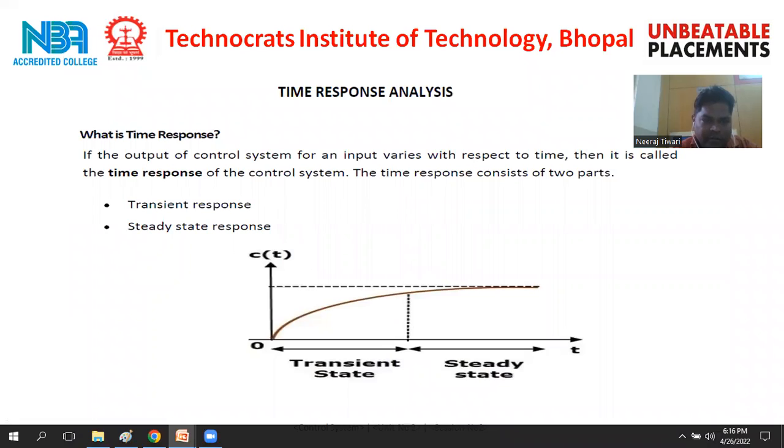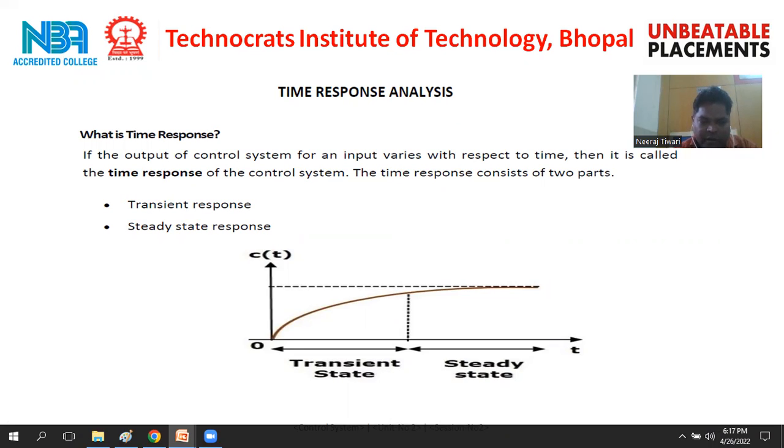So, what is the time response? The output of the control system for the input varies with respect to time. The time response is divided into two parts: the transient response and the steady state response.